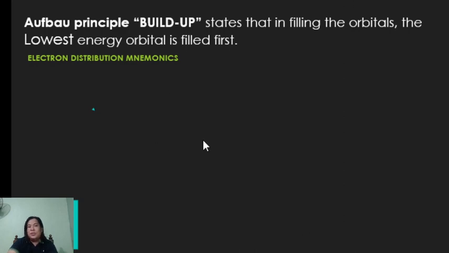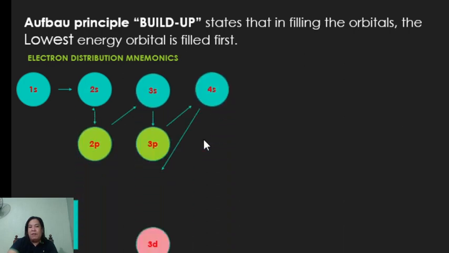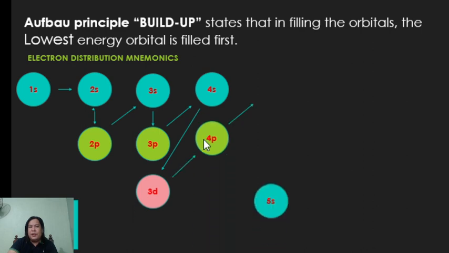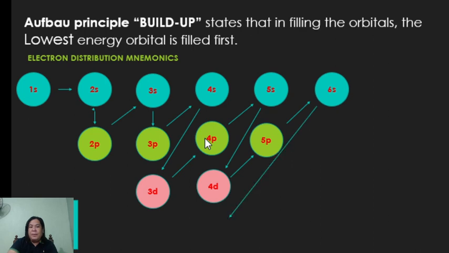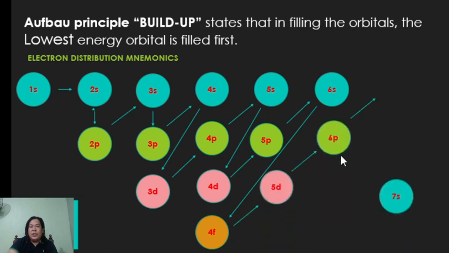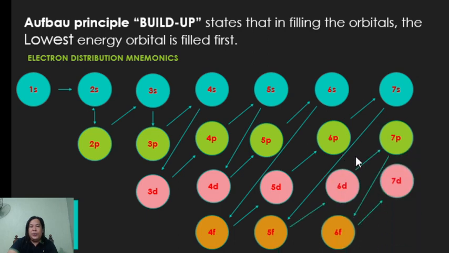In the electron distribution mnemonic, you have this arrow, the SPDF. Simply follow the arrow. The flow starts from the lowest energy, starting with 1s, and then you will distribute the electrons all the way up to 7f.